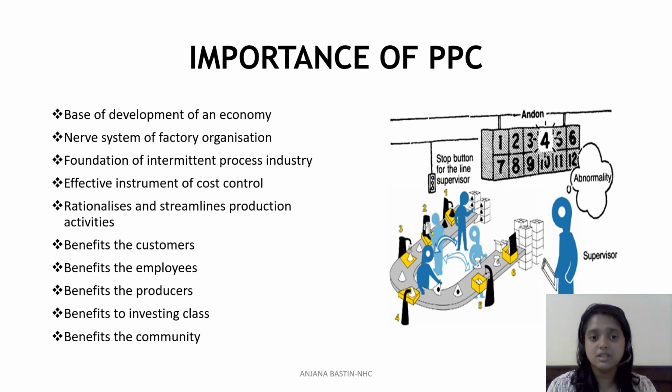Rationalizes and streamlines production activities. PPC says stage 1 happens, only then stage 2 happens, only then stage 3 happens. So what does PPC do? It tries to determine what is the flow of materials, what is the flow of production which is to happen. Based on this flow, they will allocate the machines or people.